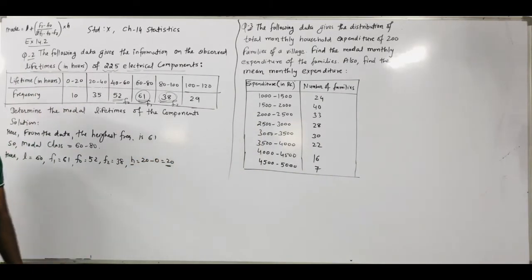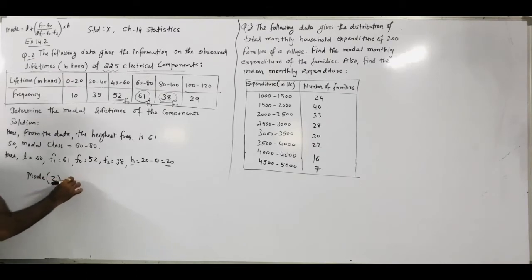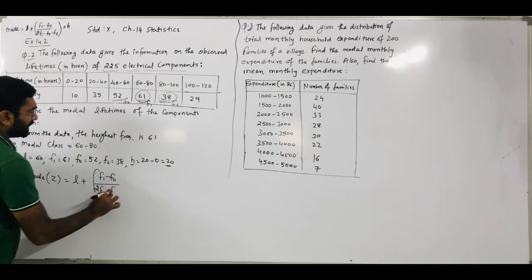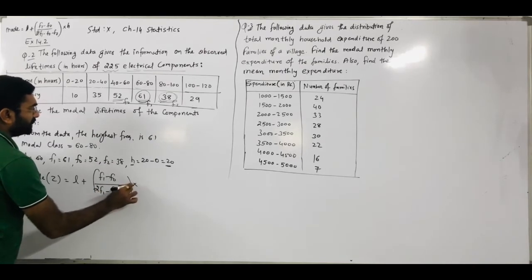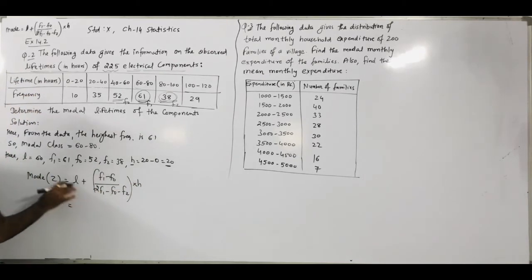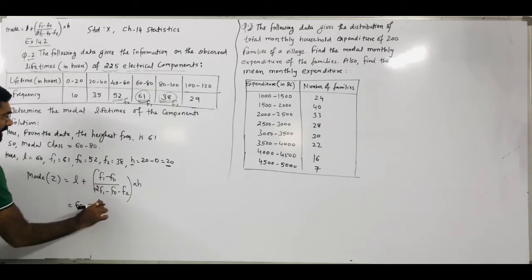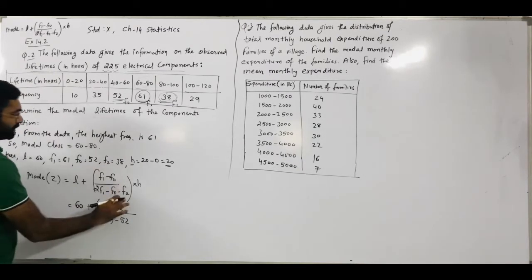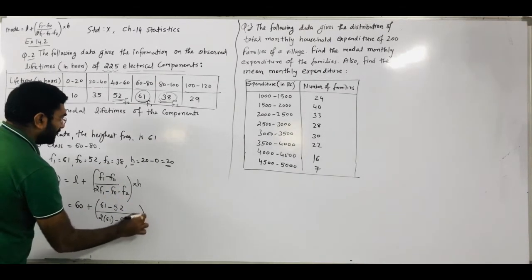Now we have to put all the values in the equation to find the mode. The mode equation is L plus (F1 minus F0) upon (2 F1 minus F0 minus F2) into H. So L is 60, plus F1 is 61 minus F0 is 52, divided by 2 times 61 minus 52 minus 38, into H, which is 20.